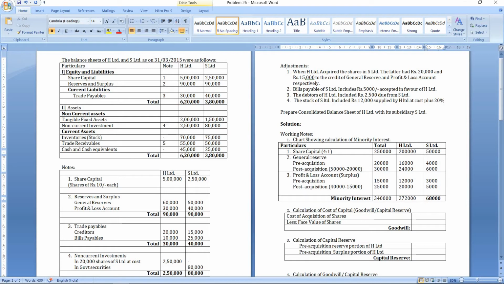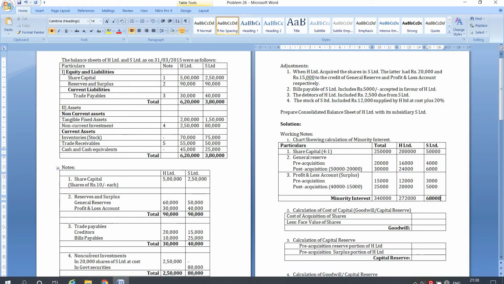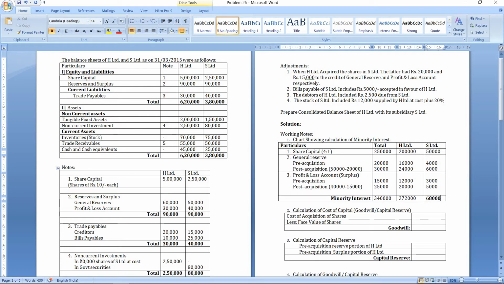Now the second thing we have to calculate is cost of control, that is, whether it is goodwill or capital reserve. For that we take the cost of acquisition and minus the face value. Cost of acquisition is given here in non-current investment: 20,000 shares in S Limited acquired at rupees 2,50,000.